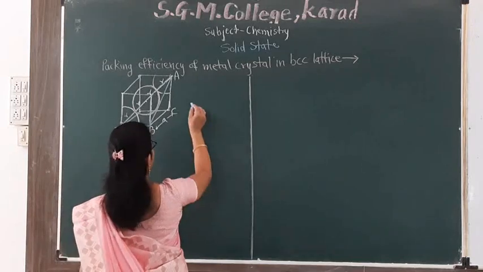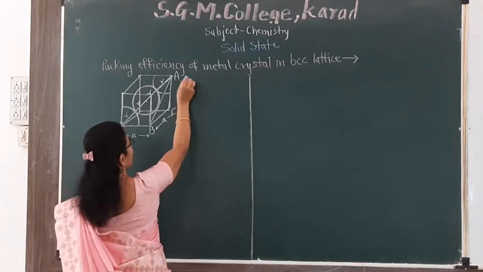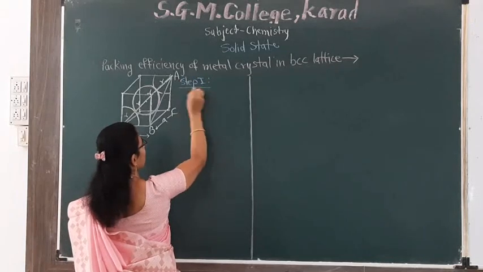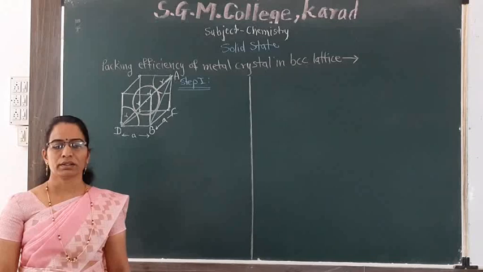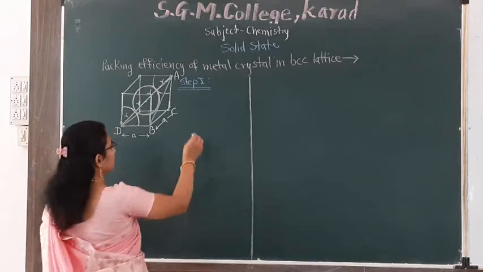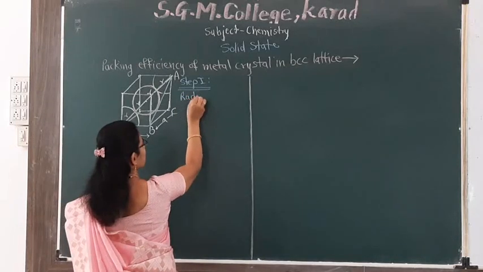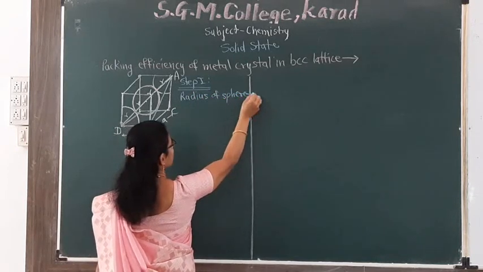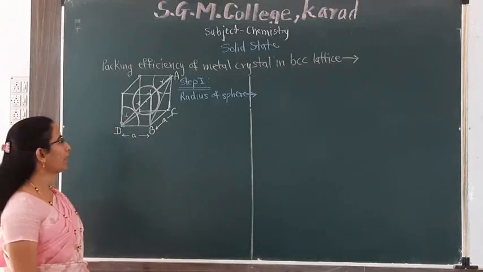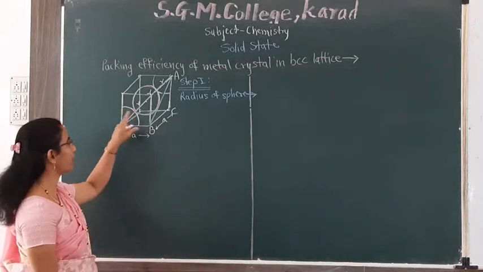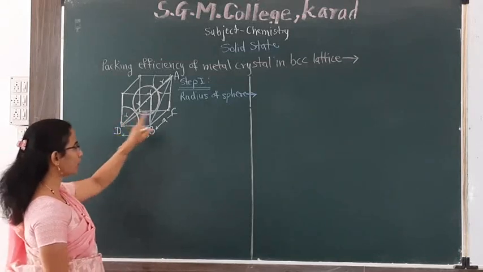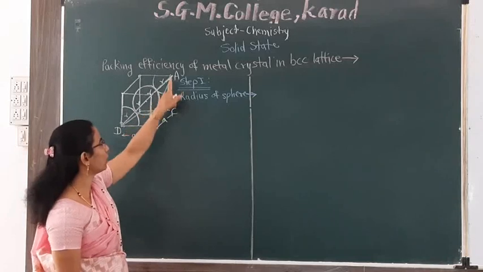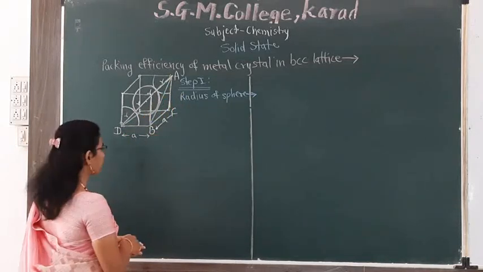Which one is the first step? Yes, in the first step we determine the radius of sphere. And in order to determine this radius r, first consider the triangle ACB.